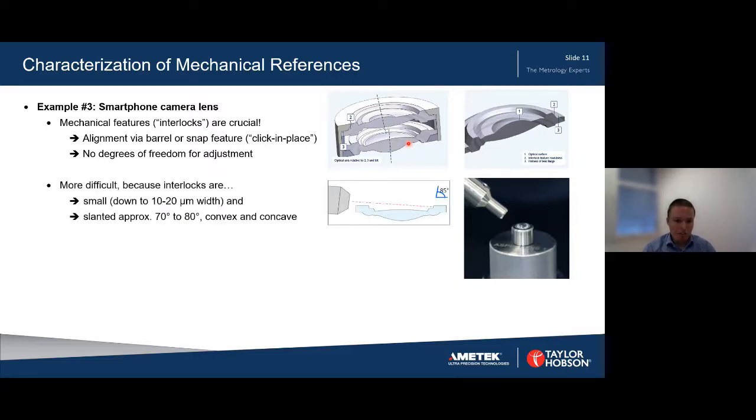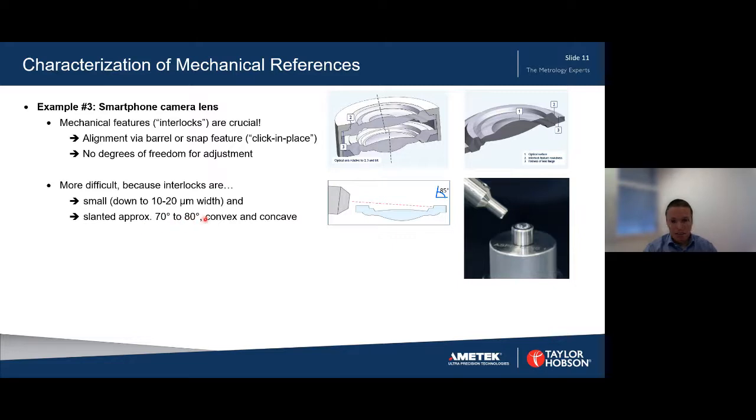Especially for these very small lenses, the measurements are getting more difficult. For example, if you think of a lens that has only 2 millimeters diameter, it's possible that the interlocks have a width of only 10 or 20 microns.